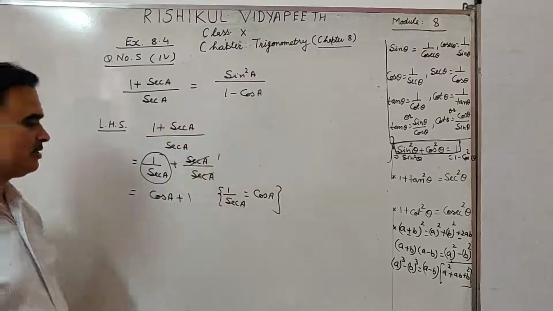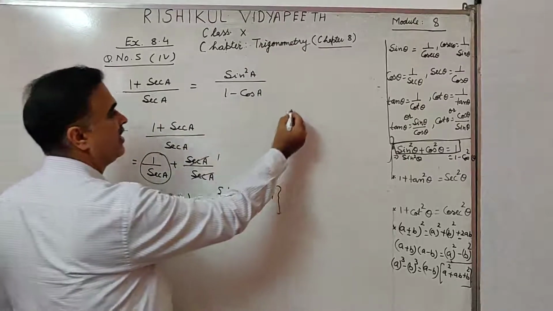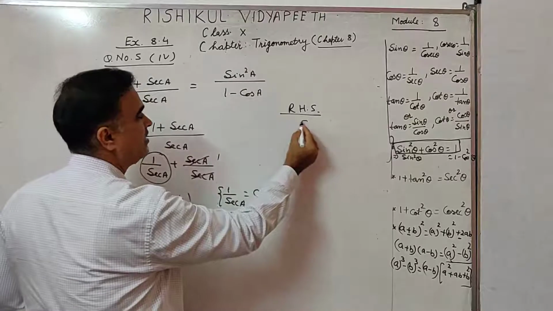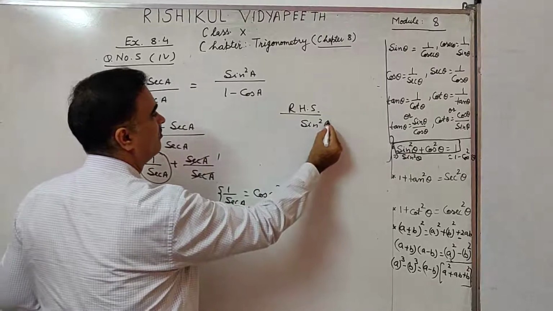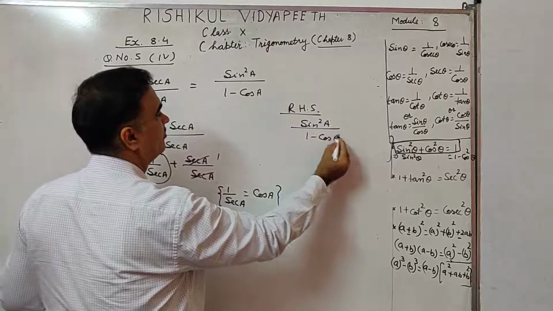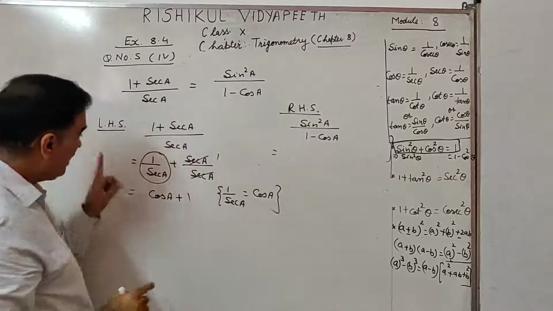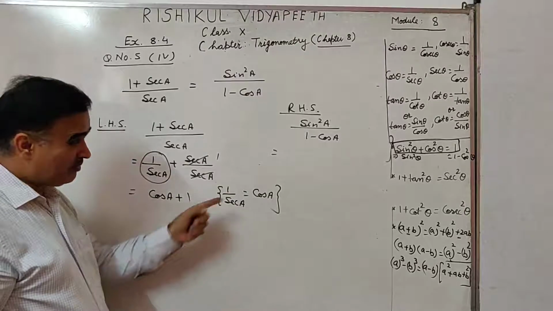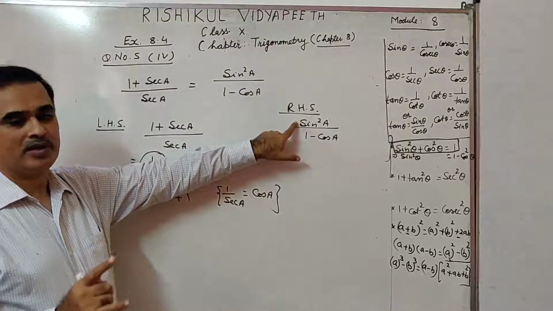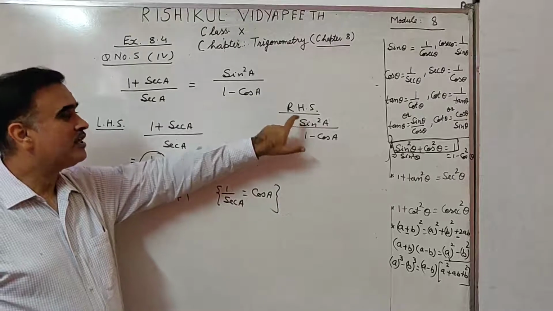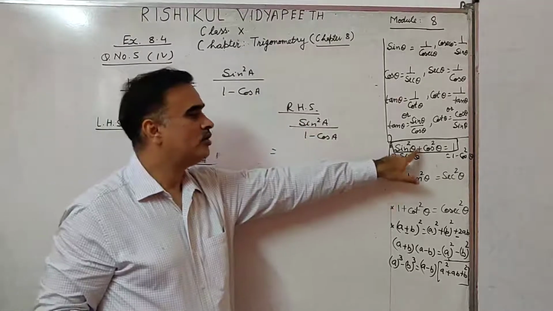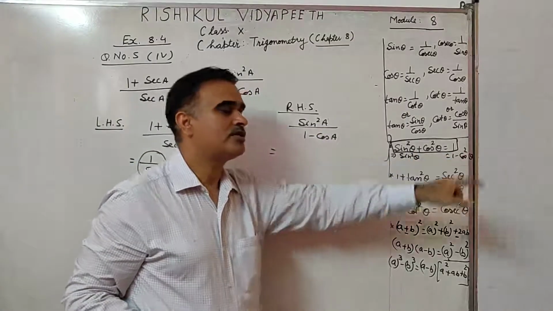We can take RHS. I am taking RHS here: sin square A upon 1 minus cos A. You see, in LHS we got cos. So it hints us that we don't require this sin square A. We will have to change this sin square A. Sin will change using this identity into cos.